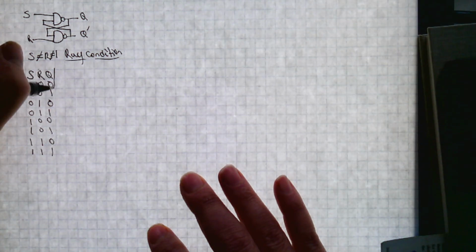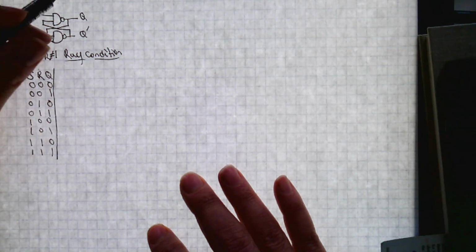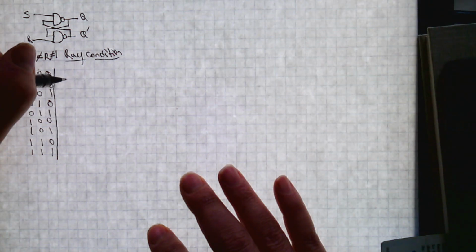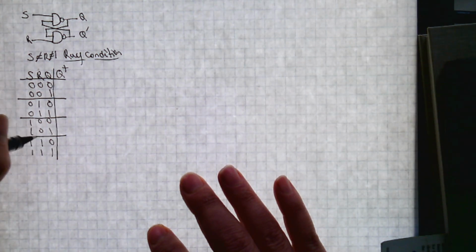Then you can write out your next state, and that's going to be grouped by 2. This will be the hold state, this will be the reset state, this will be the set state.